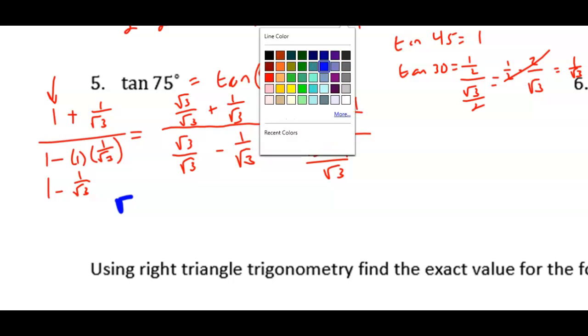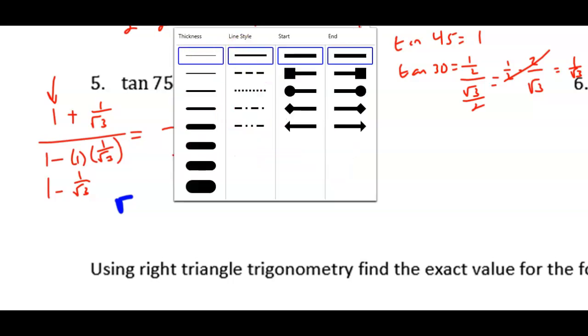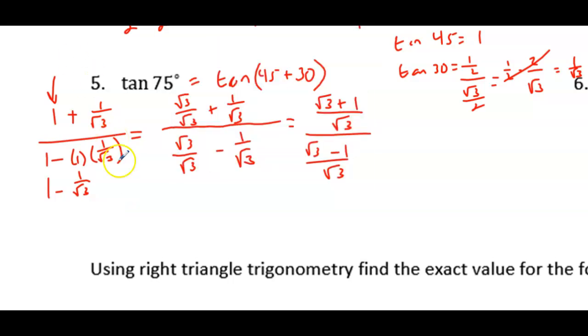Keep the top, change the multiplication, and flip the bottom. Flip this. So this is now the top.